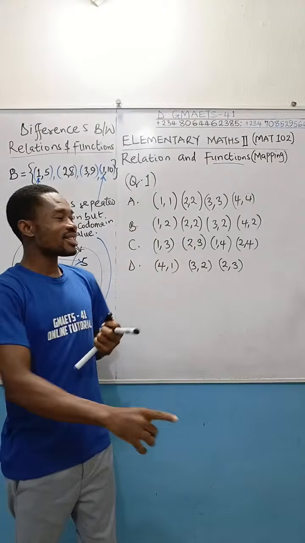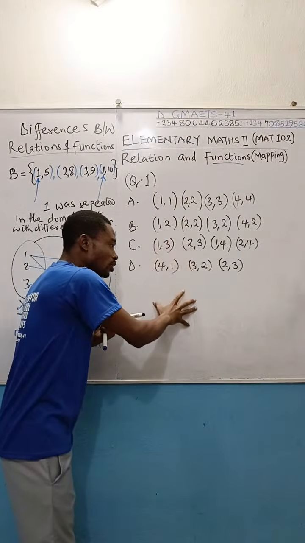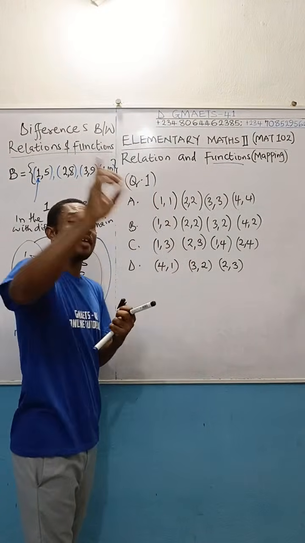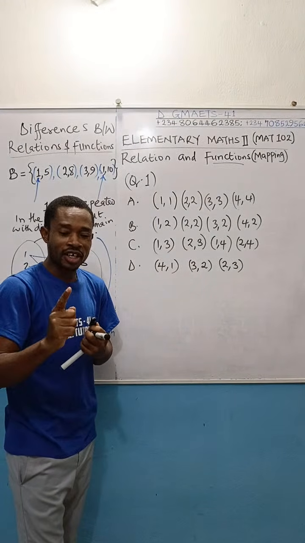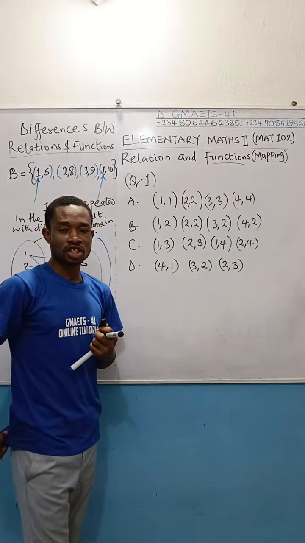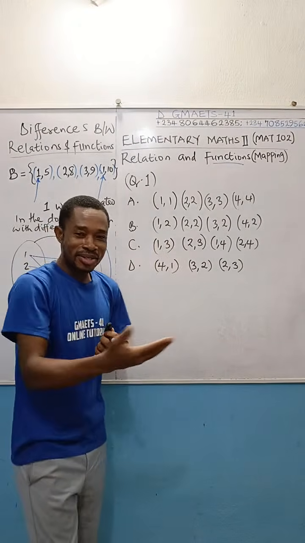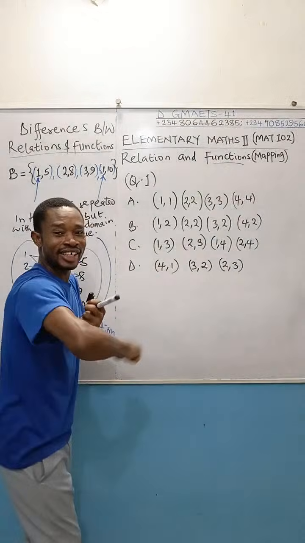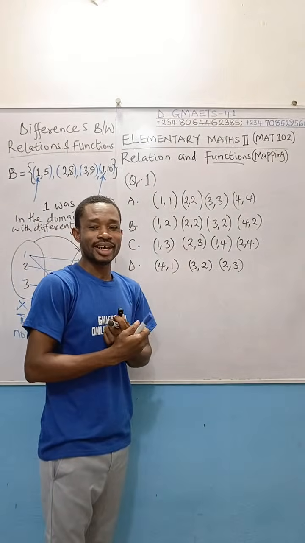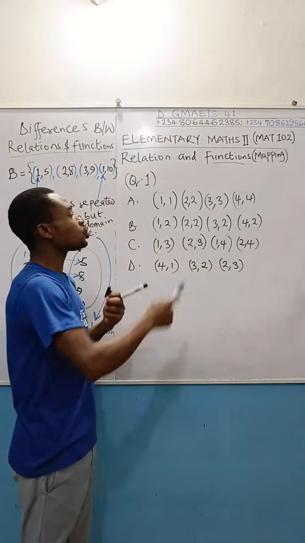Which means that all the options here, these relations, all of them are functions except one. So which one of them is not a function? I gave you the secret already. You don't need to go start drawing this thing and then doing your linkage to know which.